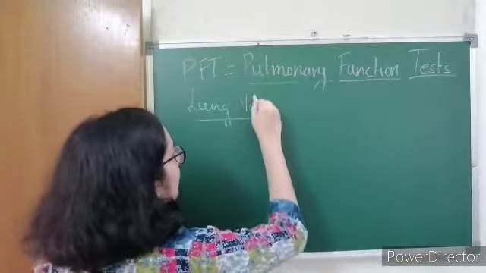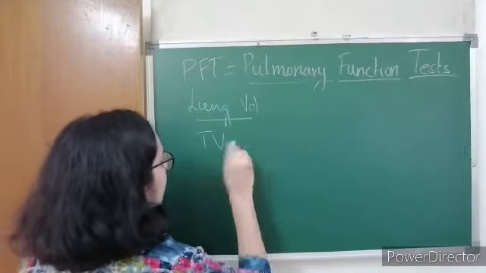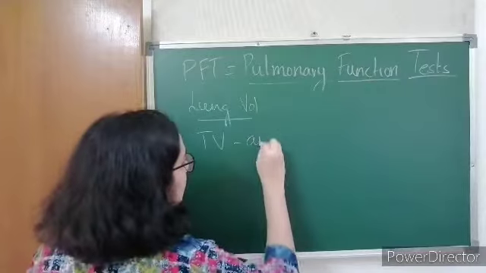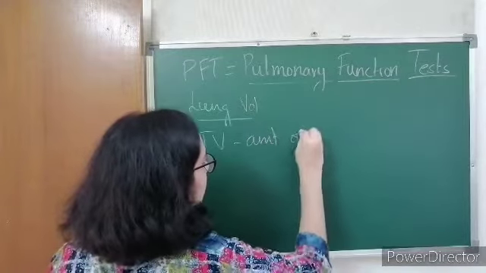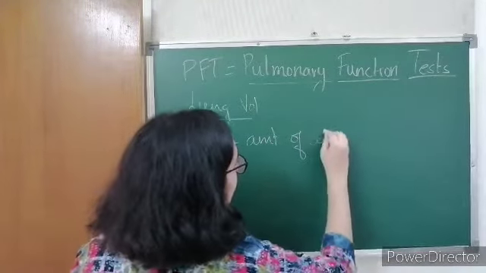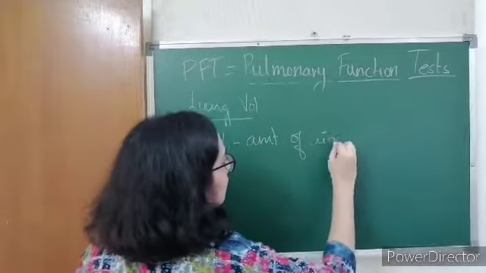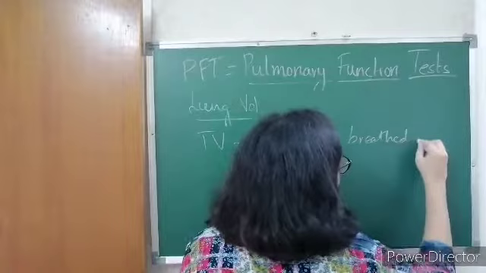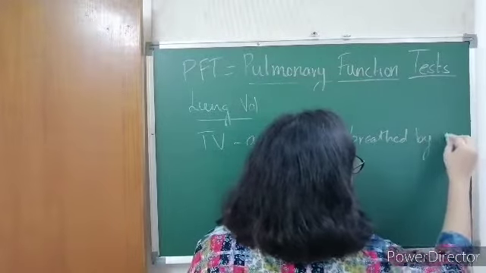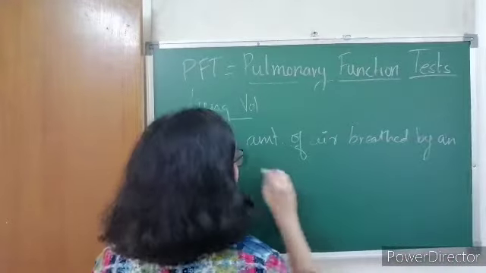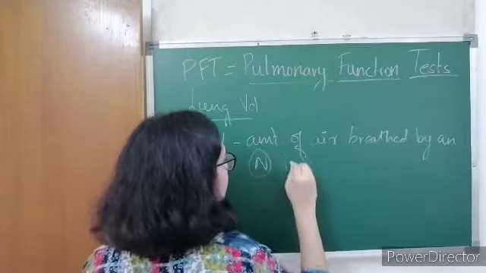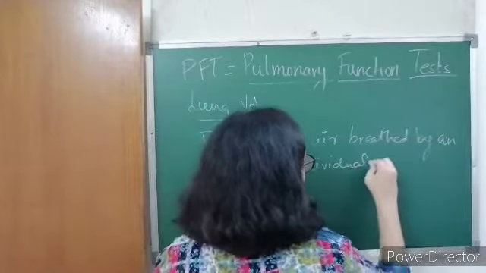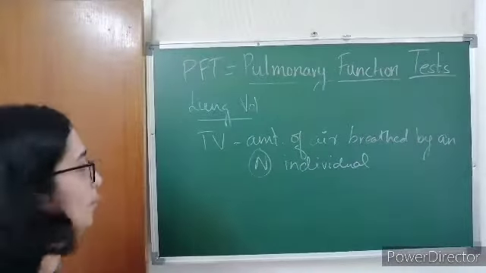Okay, so I'll write the definition once again of tidal volume. So what is tidal volume? It is the amount of air breathed by a normal individual. Okay, that is your tidal volume.